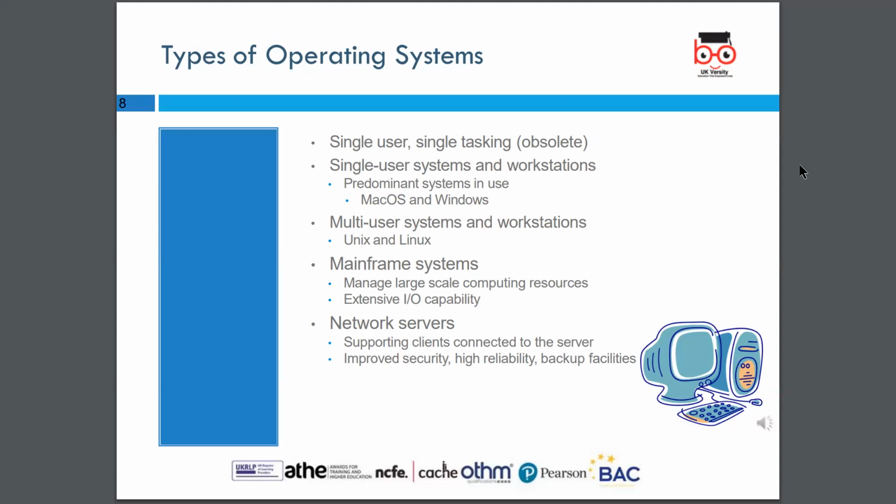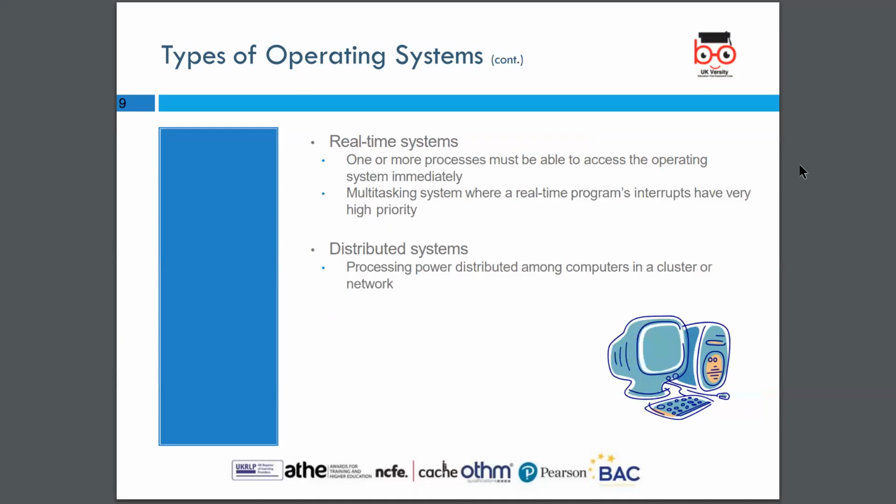When it comes to working in a company, in a large organization, they'll have their own closed network and they will be working with multiple users in one workstation or maybe in different workstations. Then we also have mainframe system, and then network server, which allows us to distribute the information.